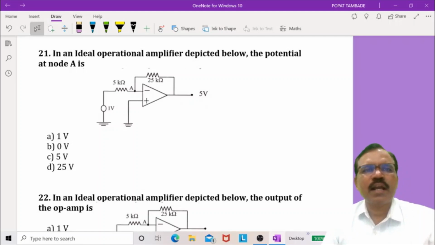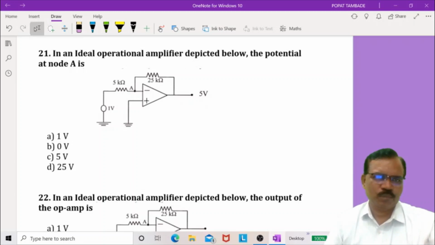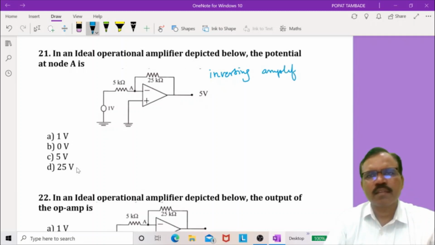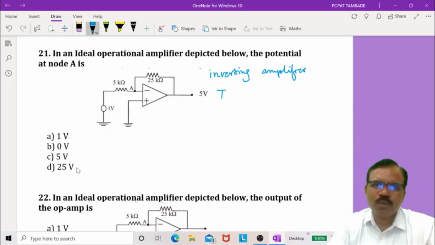In an ideal operational amplifier depicted below, the potential at node A is: 1 volt, 0 volt, 5 volt, 25 volt. Actually, this is an inverting amplifier. And we have two golden rules. What is the first rule?